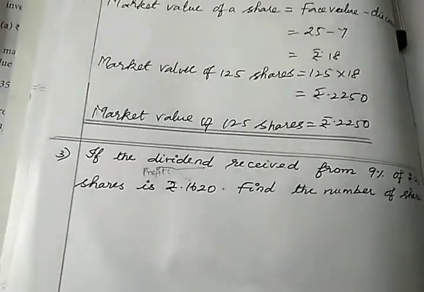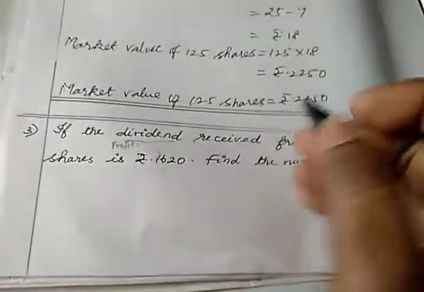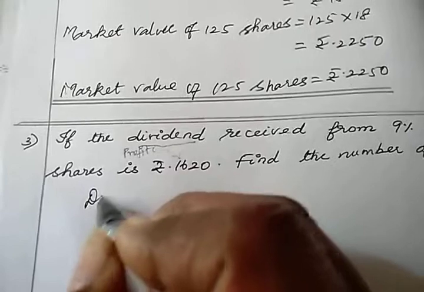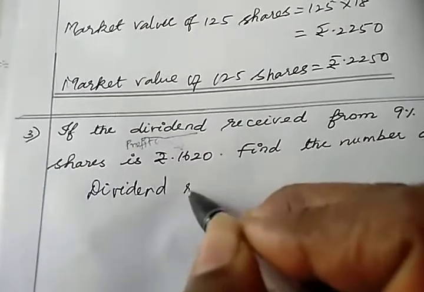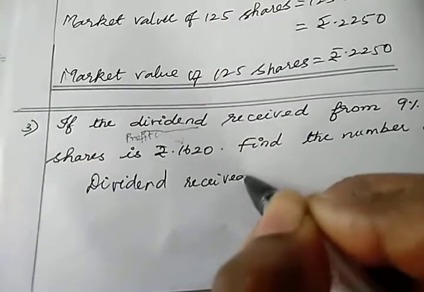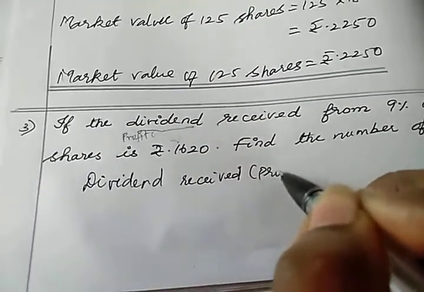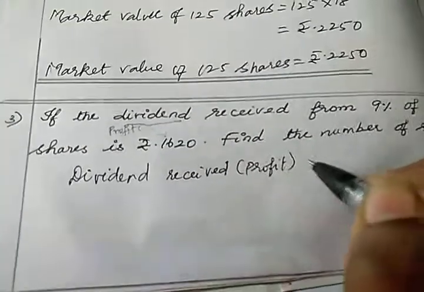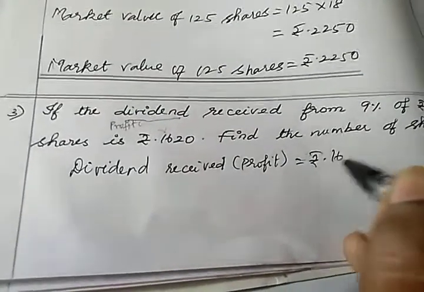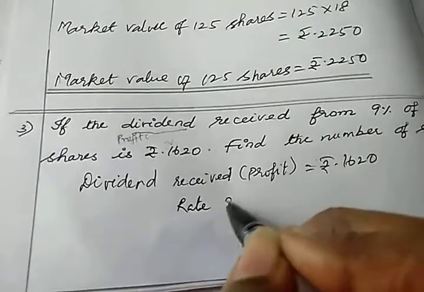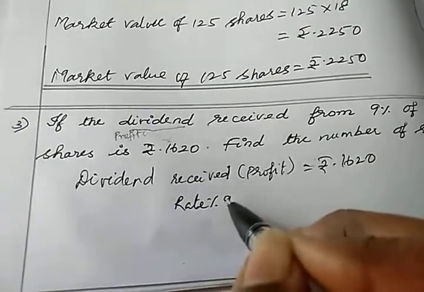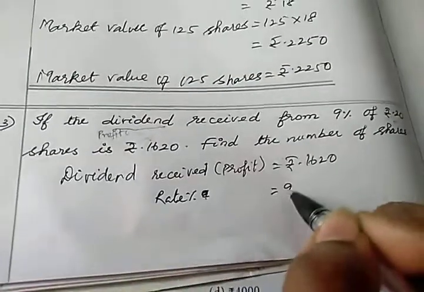So let us go into the sum. What is the profit received? Dividend means what? It is profit. The dividend received, that is the profit received, is rupees 1620. Rate percentage: it is 9.